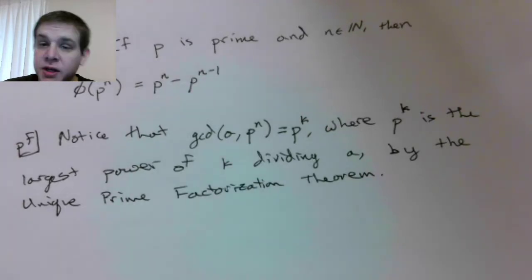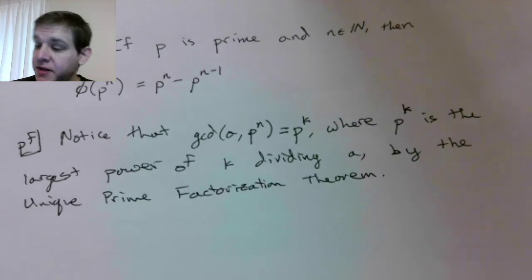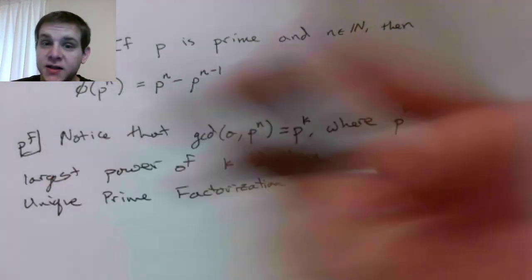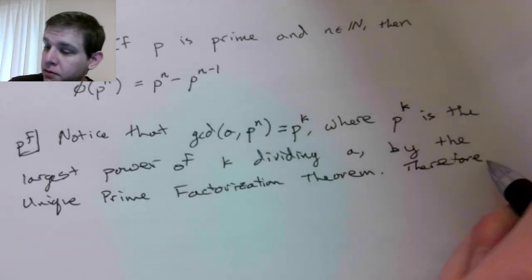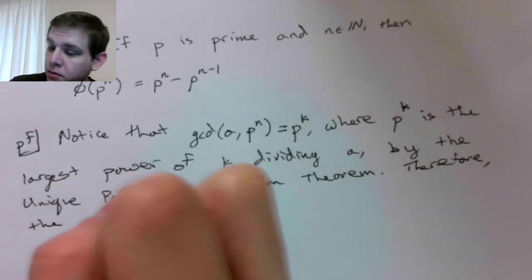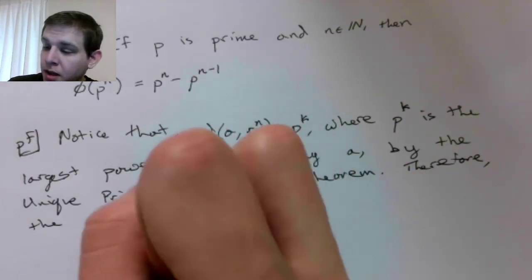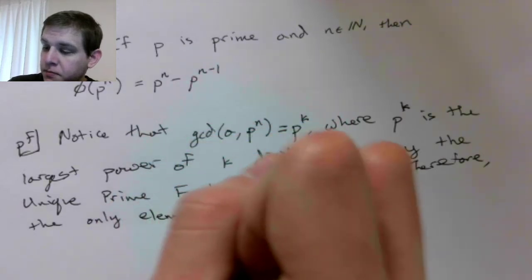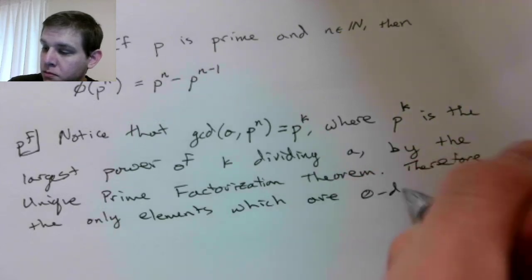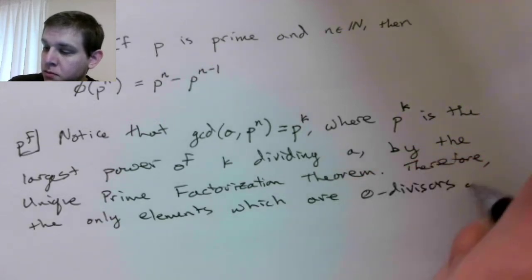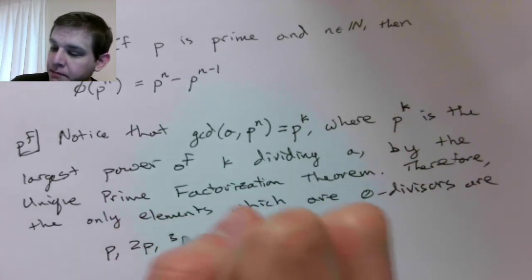Okay, that means that the only things that have GCD equal to 1 are things that p itself doesn't divide. Or the only elements which are zero divisors are all the multiples of p.